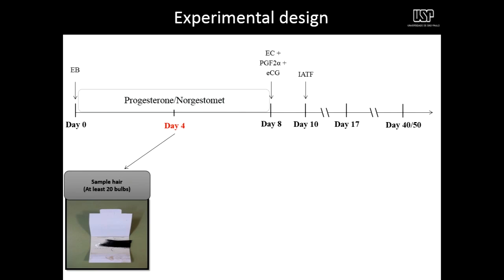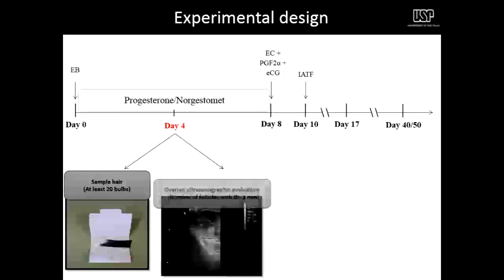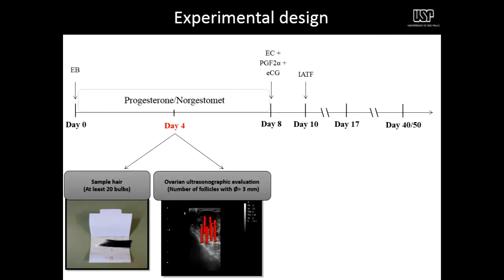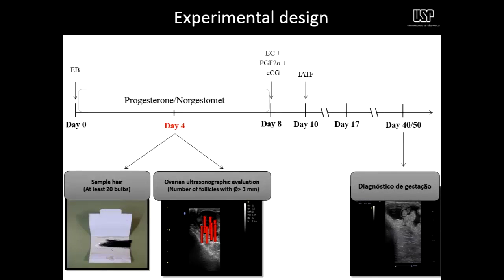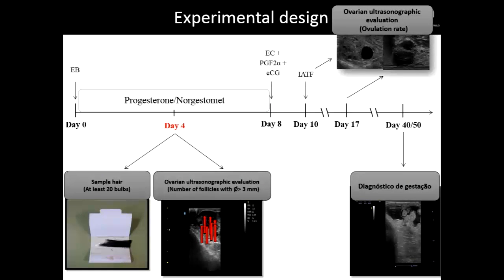We are trying to develop a marker for number of follicles. But what we did, we counted the number of follicles on day 4. We checked the pregnancy rate according to the number of follicles in these 2,000 animals. And we also did ultrasonography to understand the ovulation rate and the size of the follicle according to the number of follicles in the ovary.